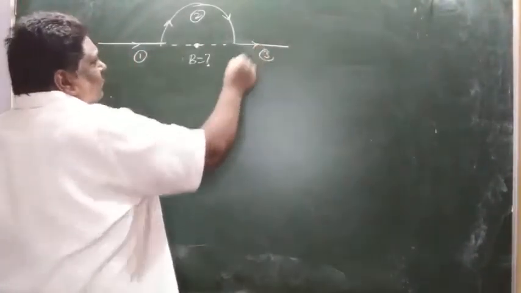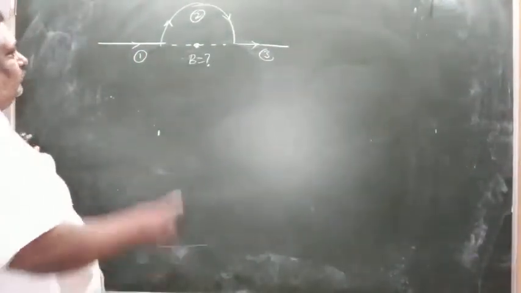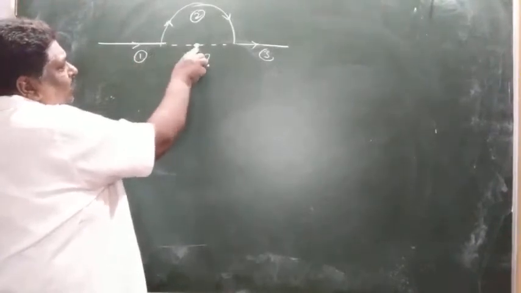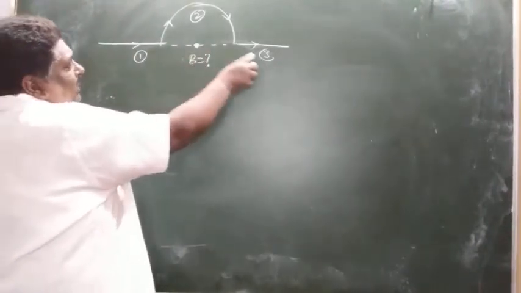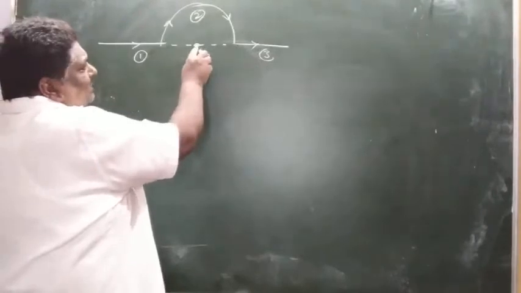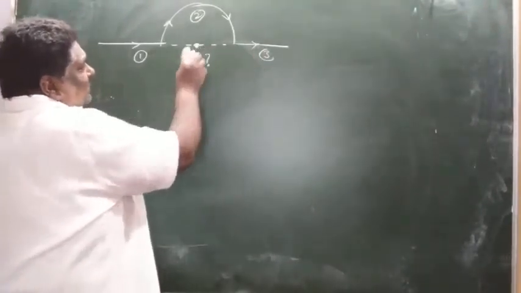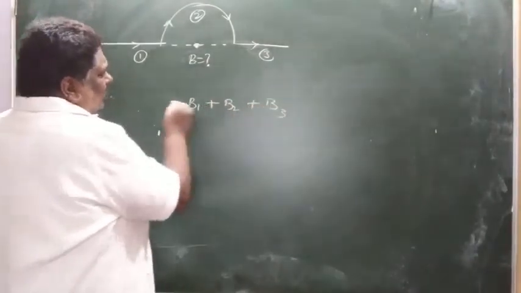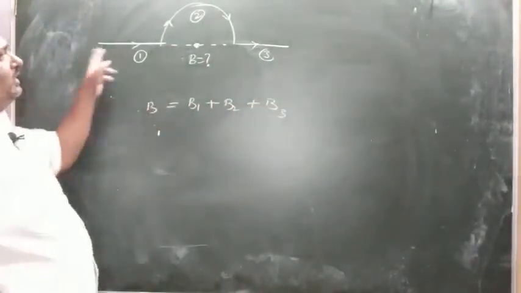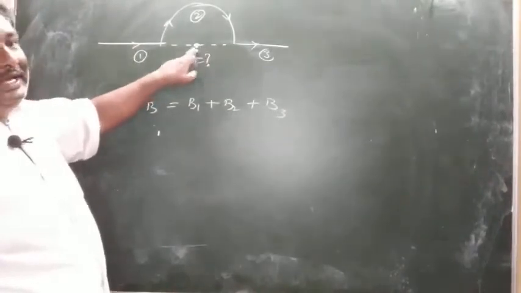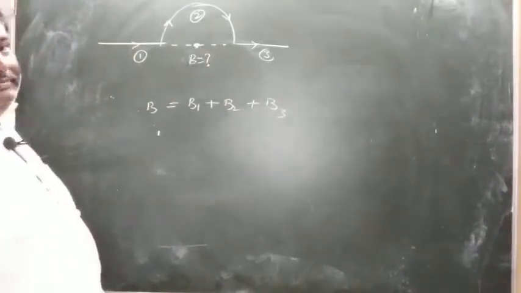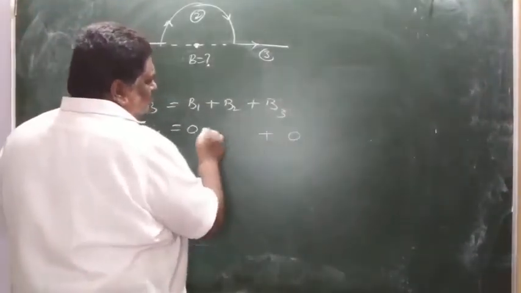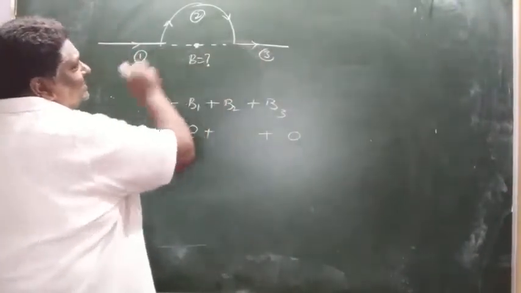Due to the first part and the third part the point is on the axis. That's why B1 plus B2 plus B3 is the net magnetic field B. B1 value 0, B3 value 0 because the point is on the axis.